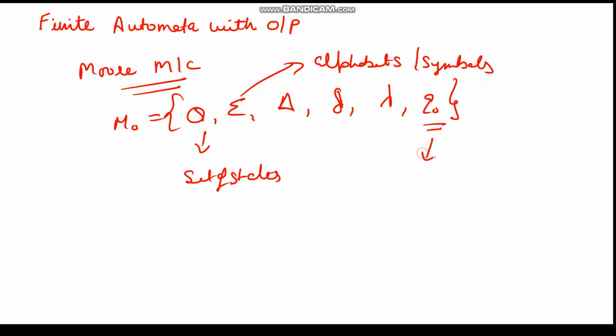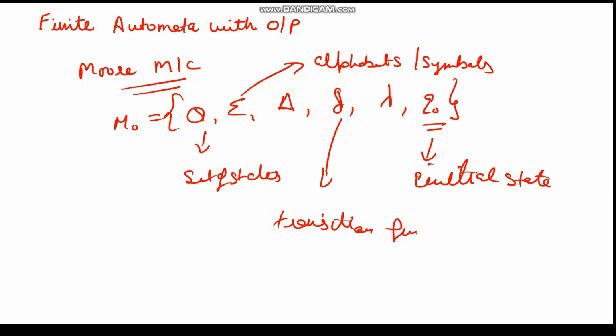Q naught, we already know, is the initial state. And delta, just like finite automata, is a transition function which will map the set of states with certain symbols and will tell us the next state where it has to make the transition.